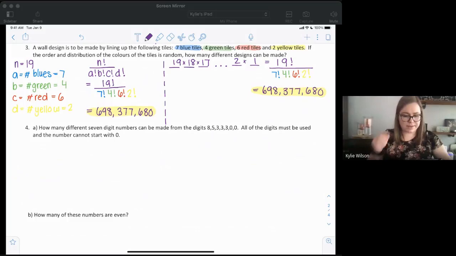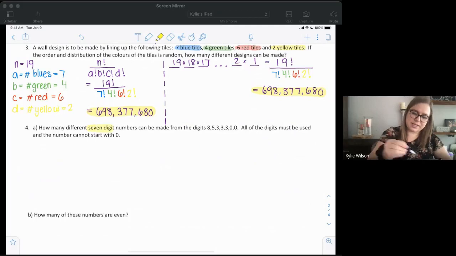Okay, so last question, and this one is a little bit of a tricky one. For question 4, how many different 7-digit numbers can be made from the following digits: 8, 5, 3, 3, 0, 0, and all of the digits must be used, and the number cannot start with 0.